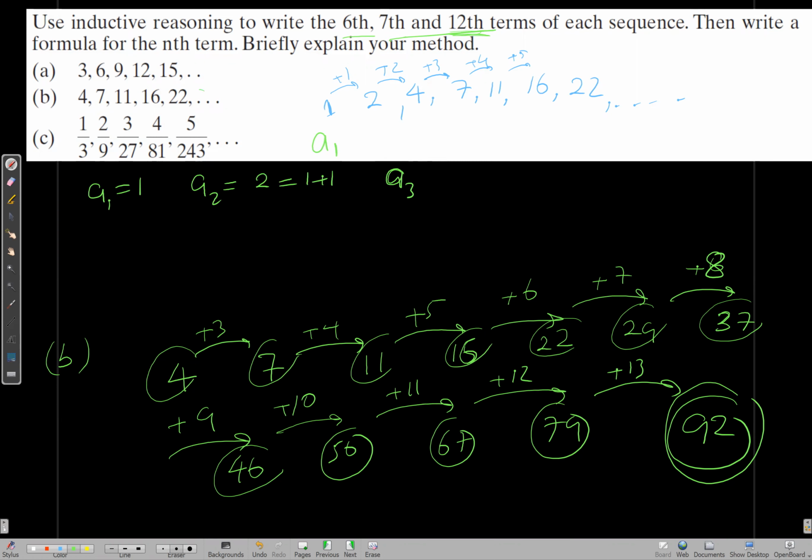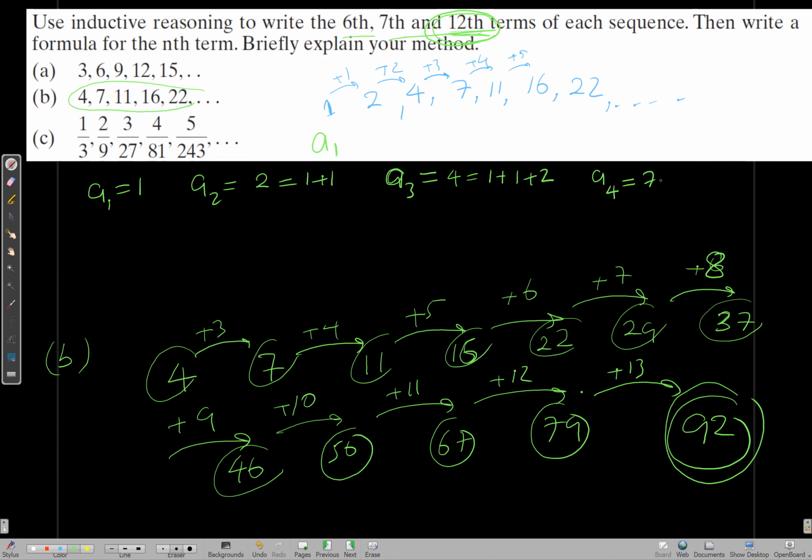In our original sequence, it's A1, right? So remember that. It plays a role for this 12th term because I modified it in order to catch a pattern. A3 is 4, but that 4 is 1 plus 1 plus 2. We'll have to write down a little bit more in order to see a pattern.